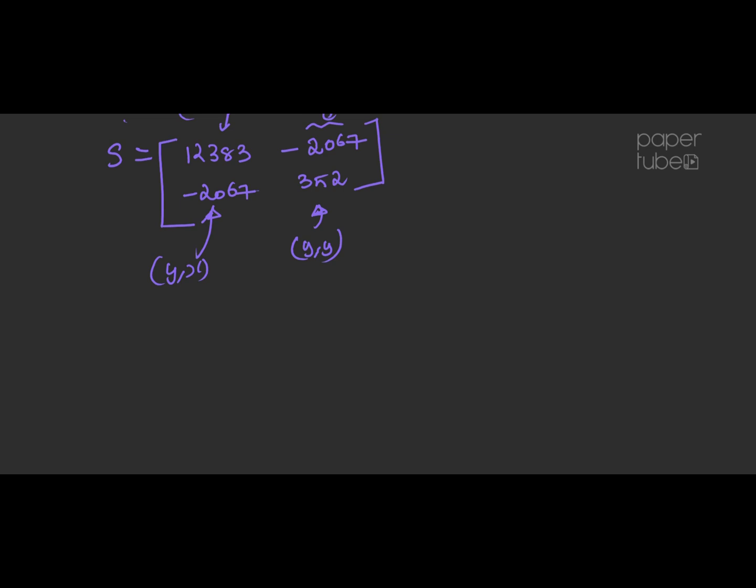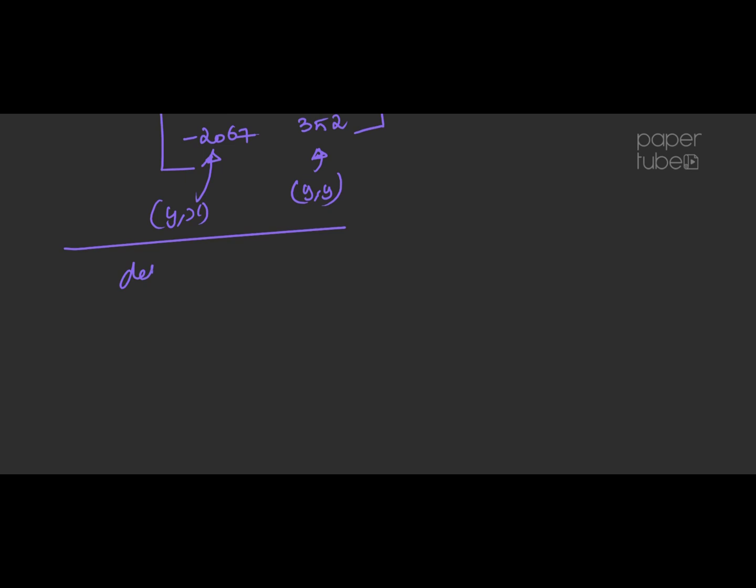To get the eigenvalue, we have to follow the simple rule that comes from the matrices. So the eigenvalues of covariance matrix, to get that, you have to solve this expression: determinant of S minus lambda I, which is equal to 0. So we know S is the covariance matrix, lambda is eigenvalue, and I is just an identity matrix.